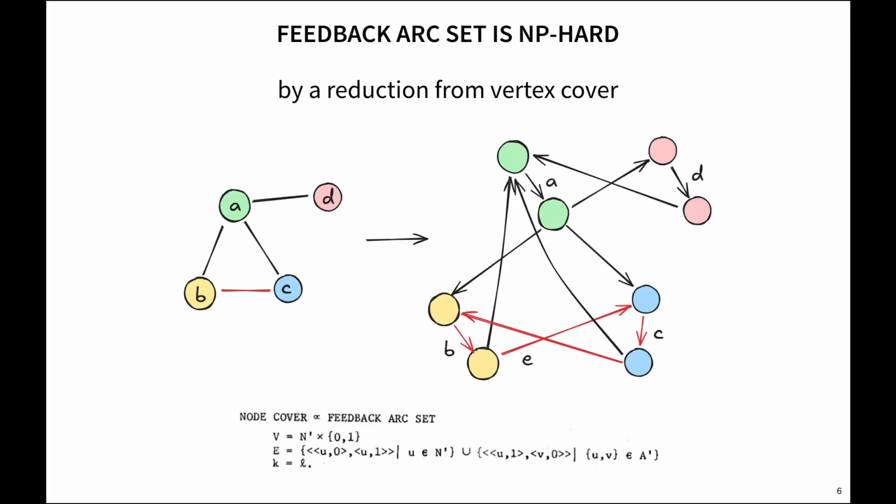To establish NP hardness, I remind you of the reduction of Karp to show NP hardness of feedback arc set. In this one we reduce from vertex cover, which is this left instance, and for each vertex we split it in two. We create a single arc between those vertices, and for each edge we create this pair of back arcs between the vertices.